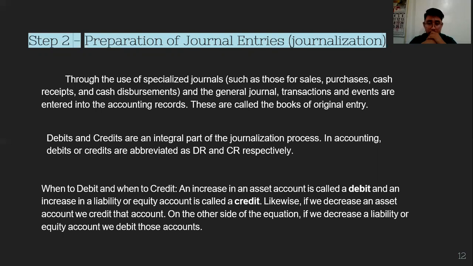These are called the books of origin or original entry. So dito, we will focus on debit and credit. It is an integral part of the journalizing process in accounting wherein debit and credit are abbreviated as DR and CR respectively. So ang debit po natin is the DR and yung credit naman natin is the CR.